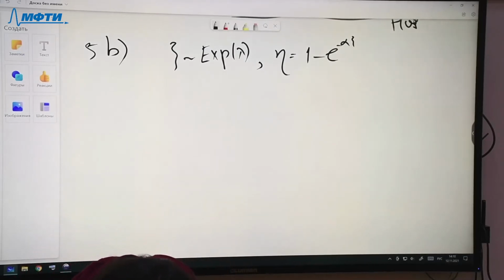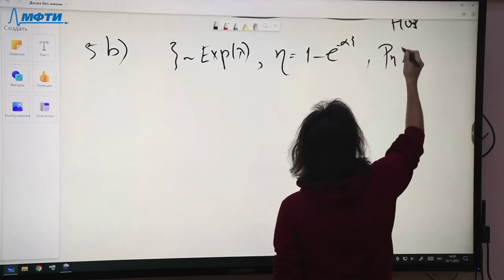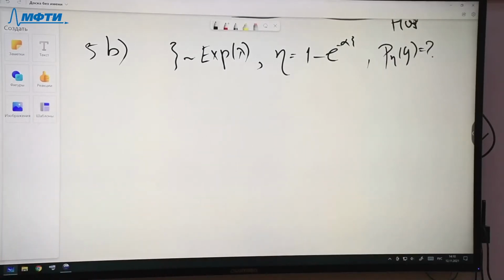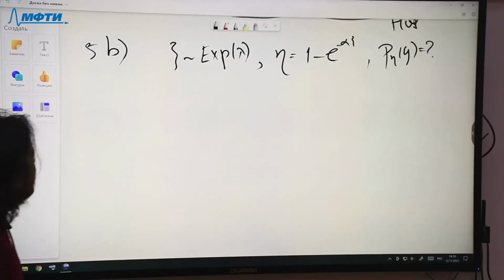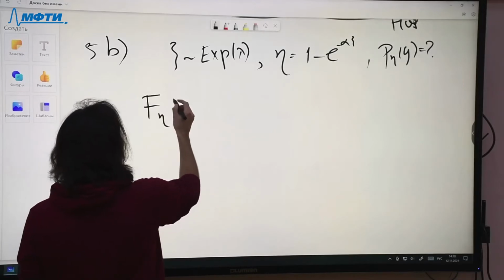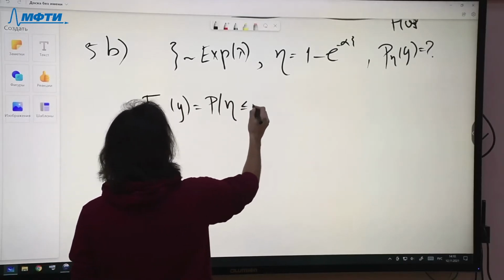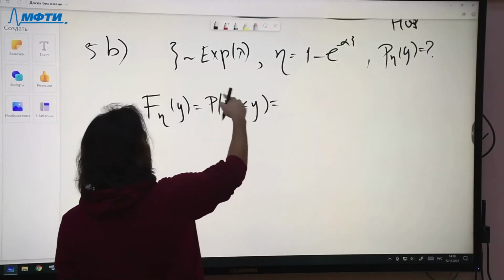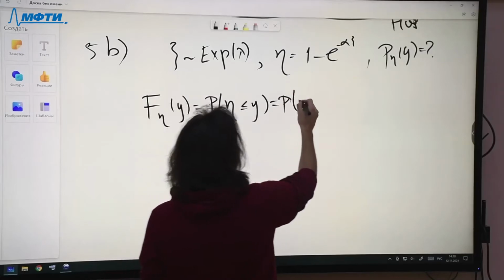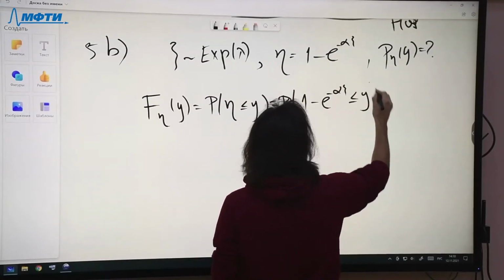We need to find the density of eta. How do we find it? We just need to find the CDF of eta, which means the probability that eta is less or equal than y. So we replace eta: the probability that 1 minus e to the minus lambda xi is less or equal than y, right?